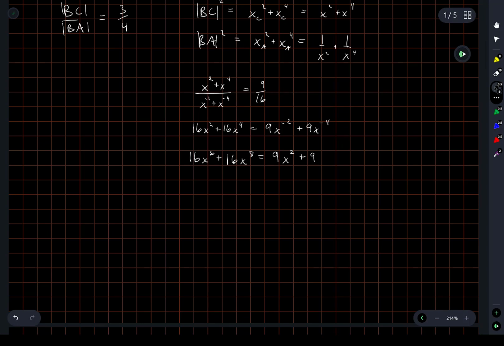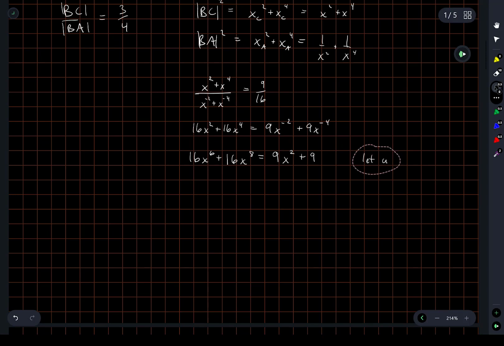This looks very ugly. I see that this is a quartic equation with respect to x squared.